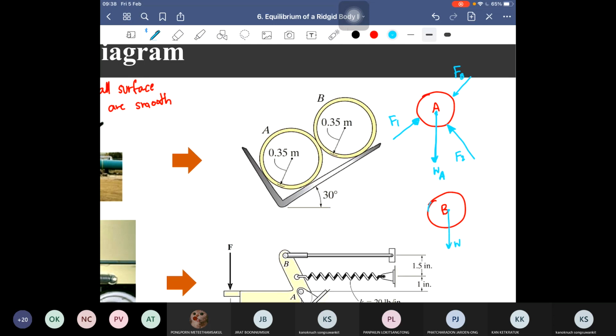And the action force between contact surface A and B is FA. So when you resolve this weight along this axis, we also have one reaction force from the floor, F3.